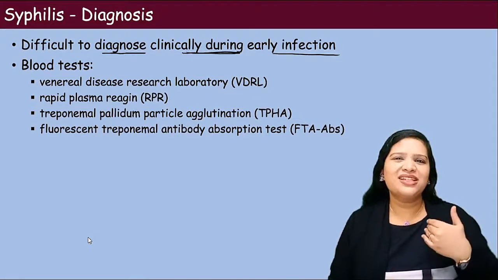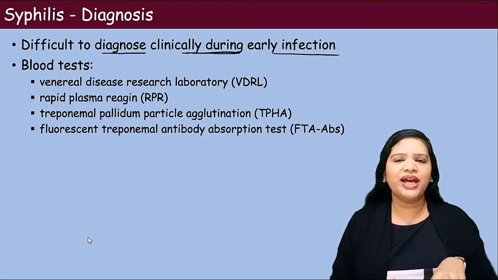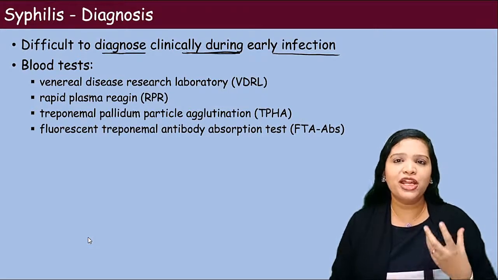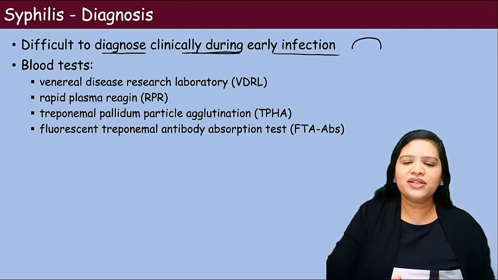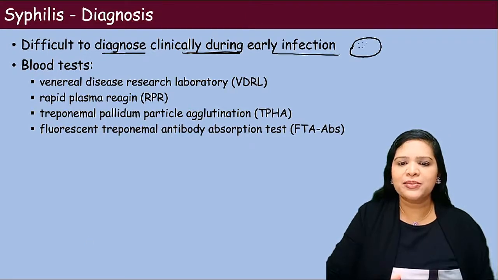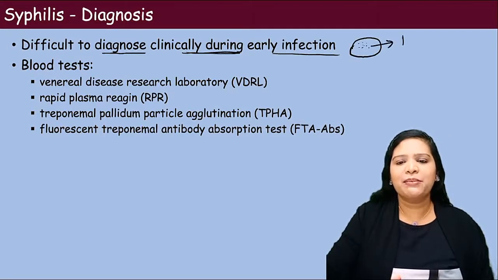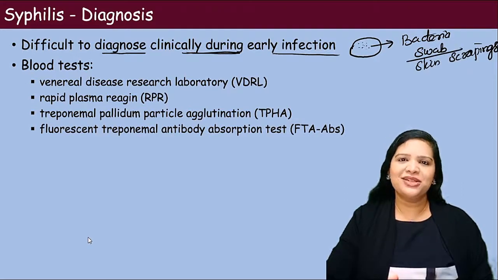So it is highly difficult to diagnose in the early stages unless somebody notices the genital region. And if the chancre or ulcer is present in the genital region, it contains the bacteria, so we can take a swab or some skin scrapings from this region.